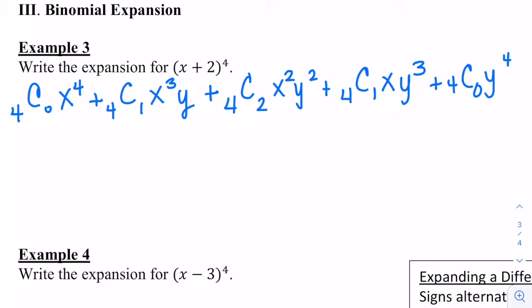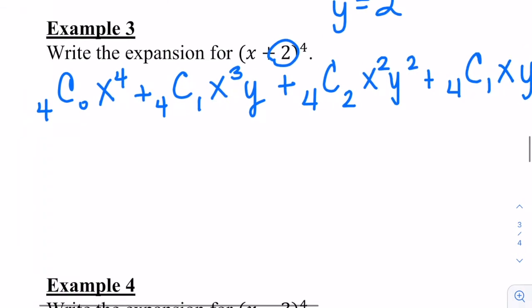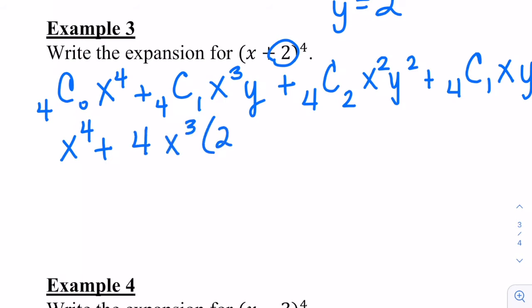Again, I used x and y just as a general pattern. But for this binomial, we're going to substitute and make our y equal to 2. So I'm just going to simplify everything. We know that 4 choose 0 equals 1, so we'll just have x to the fourth. 4 choose 1 equals 4, we have x cubed times 2, or we're replacing all the y's with 2. 4 choose 2 is 6, x squared, 2 squared.